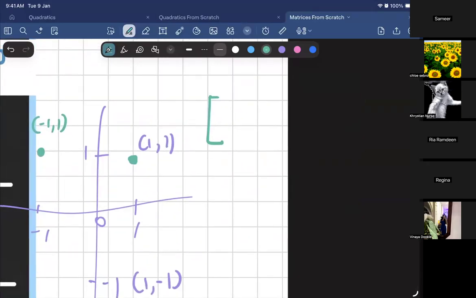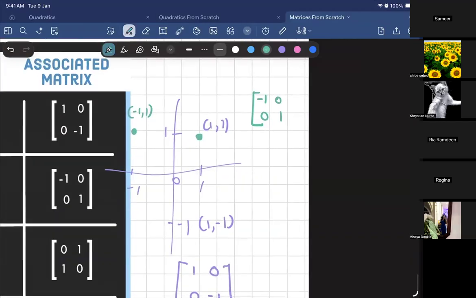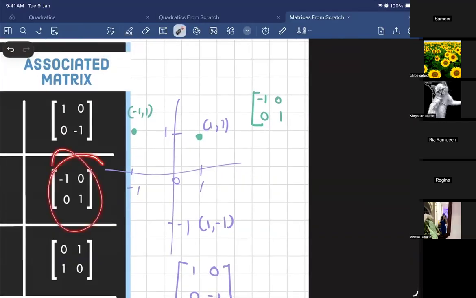It went from 1 to -1, changed signs. So we typically use 1 comma 0, but since it changed sign, it's going to be -1, 0. Are you with me? And the y value, did the y value change? No. So I'll go 0, 1. Bam. Look at that. Figure it out. Light work.